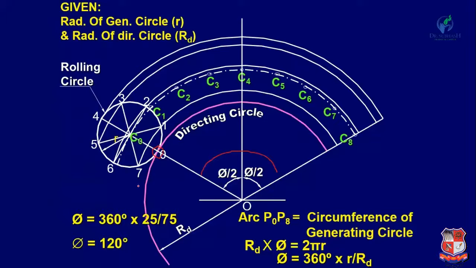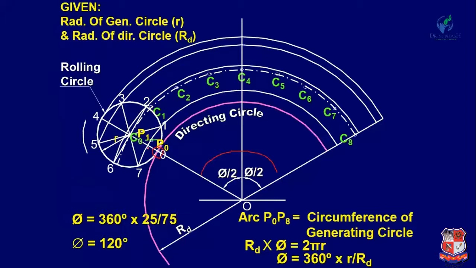Now take the radius equal to the rolling circle, that means 25 mm, and take the different centers C1, C2, C3, C4, C5 up to C8 and draw arcs. First, C1 as a center, radius equal to 25 mm, draw an arc which will intersect the circle passing through point 1. That point will be P1. So the initial point P0 will be here, and here you can get point P1.